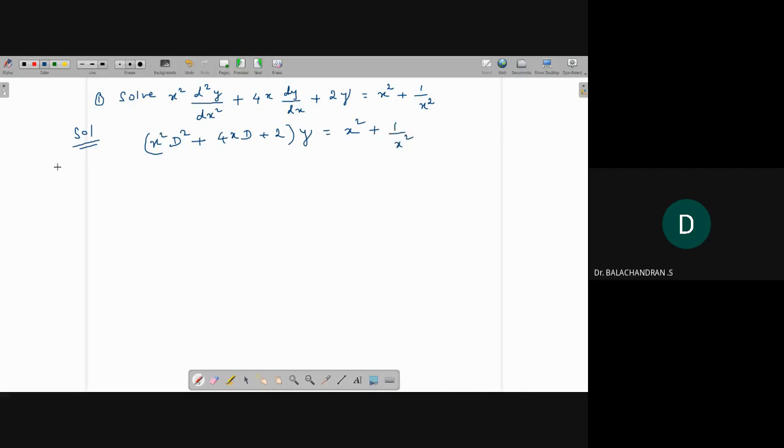Now let us take x equal to e power z, and z equal to log x. But you can directly write xD equal to theta and x square D square equal to theta into theta minus 1.